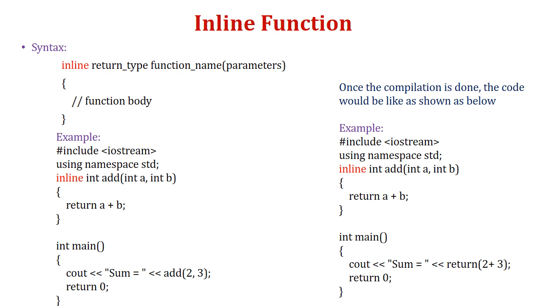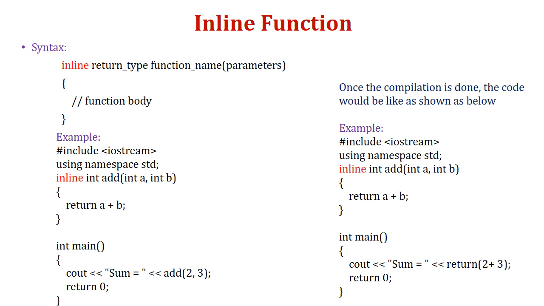Next, we'll discuss the syntax. In the syntax, first we start with the inline keyword, then followed by return type, then function name and parameters. Within the braces, we write the implementation code. For example, the sum of two numbers.